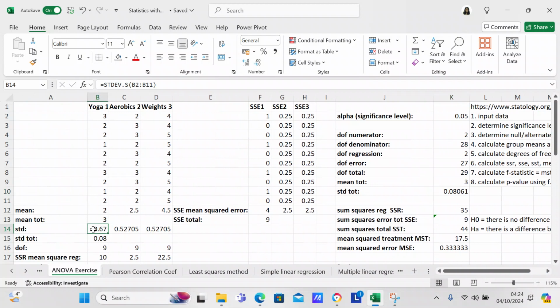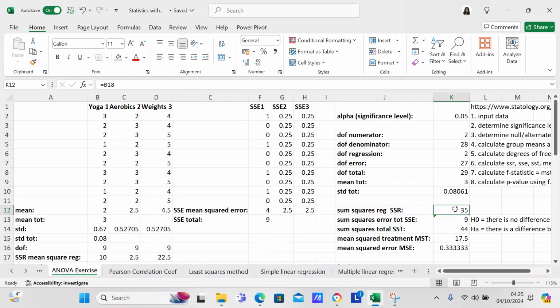So the STDEV.S, S is for sample, B2 to B11, and we did that for the 3 groups of data. And then we check STDEV.S, B4 to D14, and that's 0.08. And then I just moved that over.